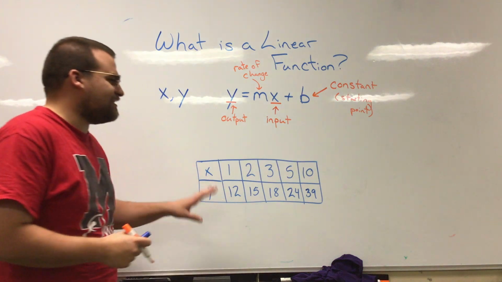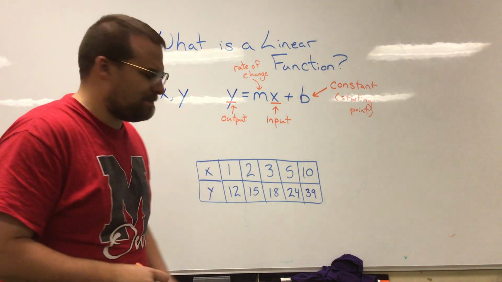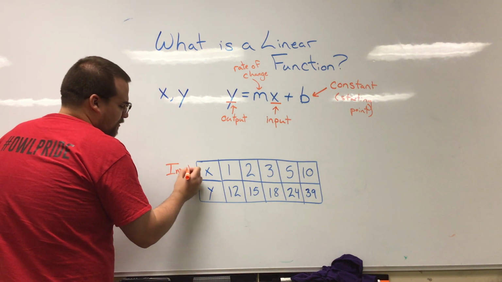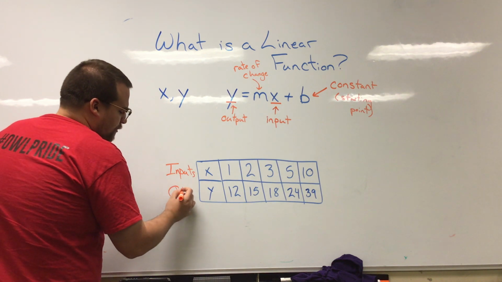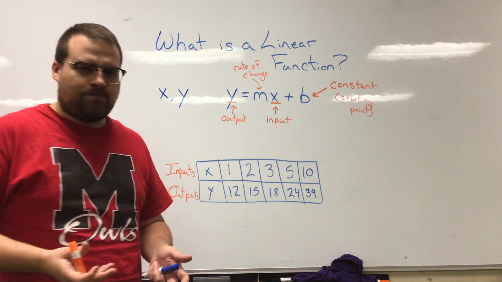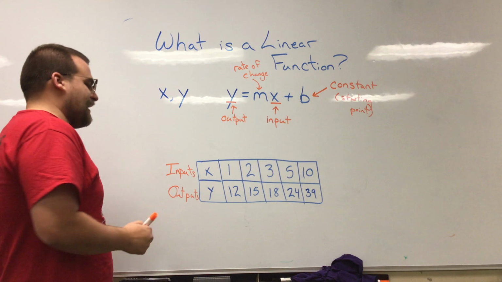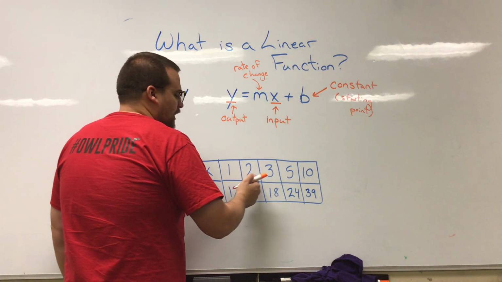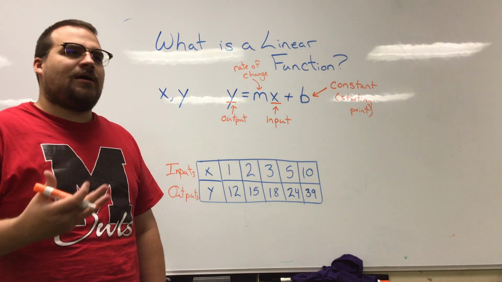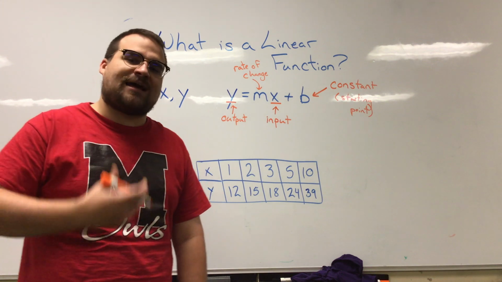Now, I think this data table really clearly illustrates that point. We have our inputs here as x, and our outputs here as y. To identify that a set of data is linear, it means that as you have a change in the input, there should be an equivalent ratio of change in the output.